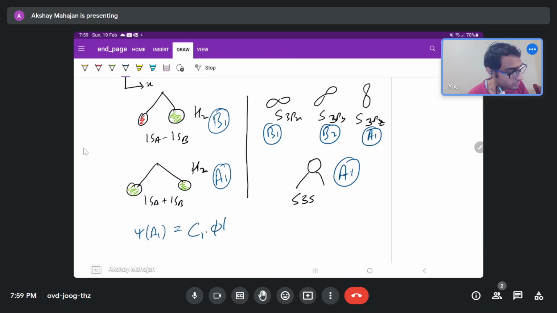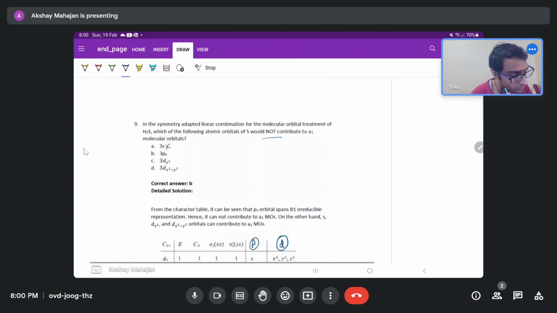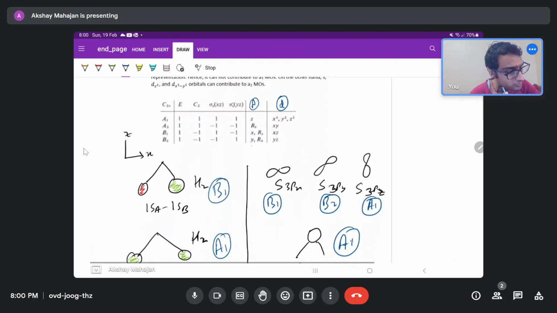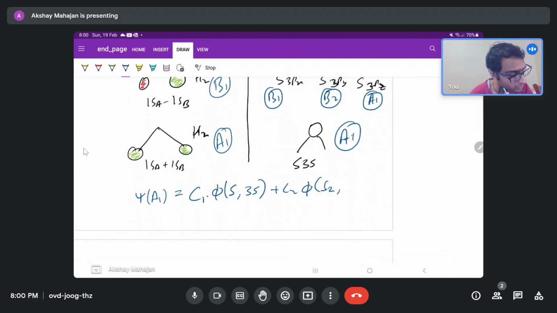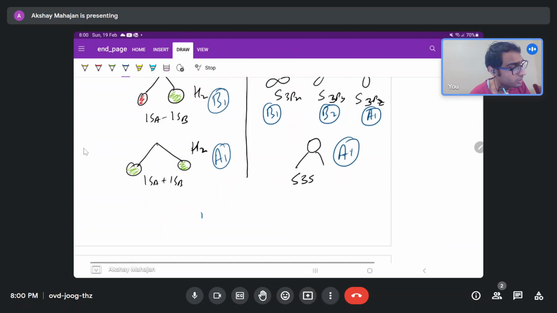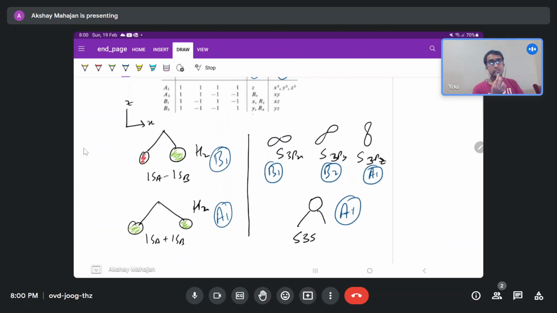Similar to what you have for sulfur 3s, you have C2s for 3s, and similarly you will have these orbitals combine to give a psi1, which will combine with psi b1, what we were doing for H2.